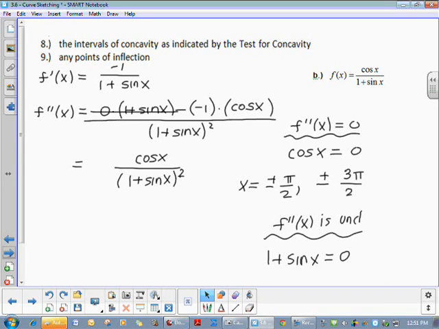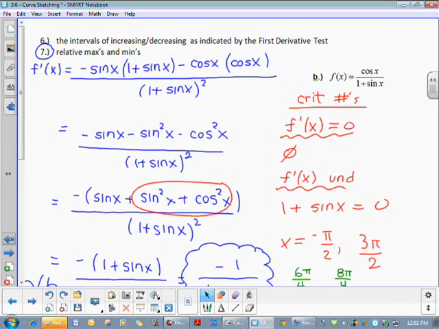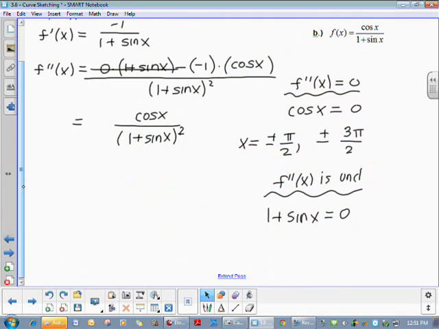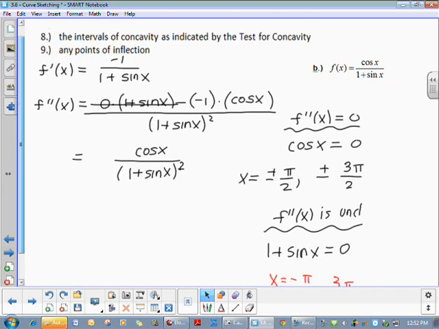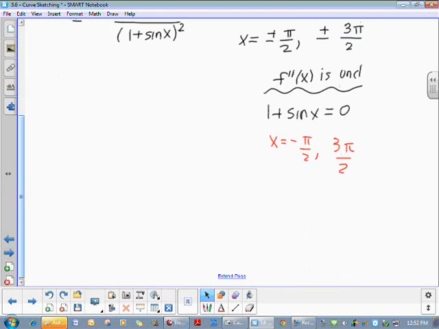And once again, I am not going to redo any work that we've already done before, but negative pi over 2 and 3 pi over 2 turn out to be the results, if you recall, which is nice because we've already got those as critical numbers from above. Negative pi over 2 and positive 3 pi over 2. Double check, make sure that I did write the correct ones. Yes, I did.